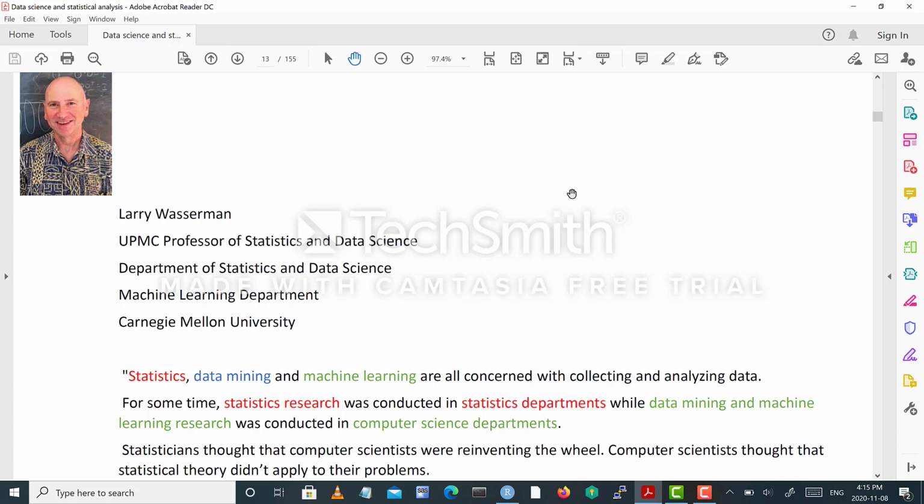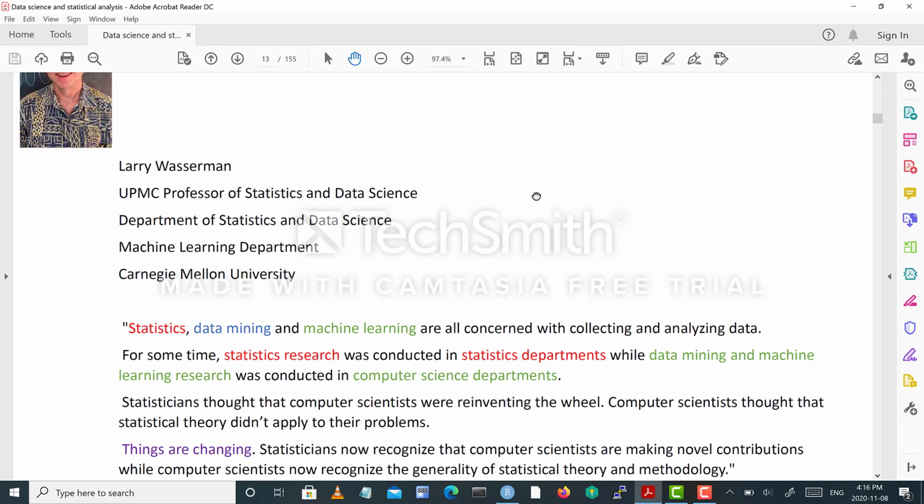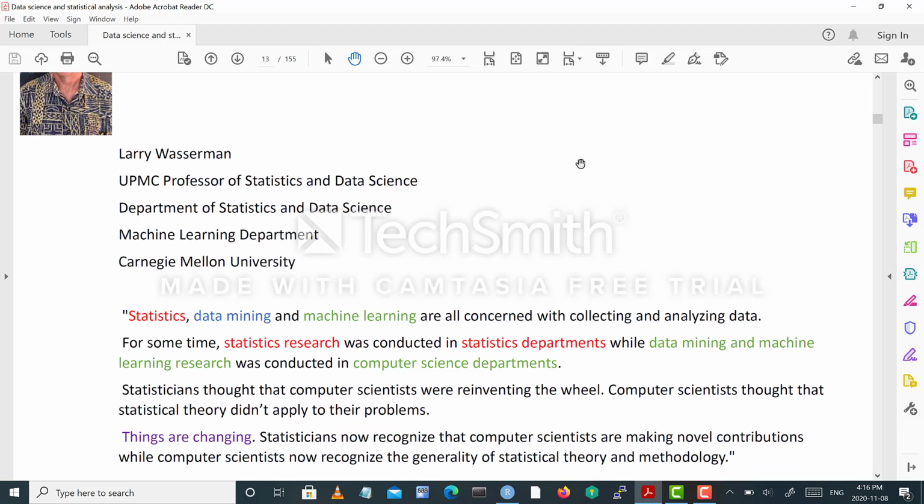Larry Wasserman, a professor of Statistics and Data Science, Department of Statistics and Data Science and Machine Learning, Carnegie Mellon University, pointed out in his book All of Statistics, quote, statistics, data mining, and machine learning are all concerned with collecting and analyzing data.